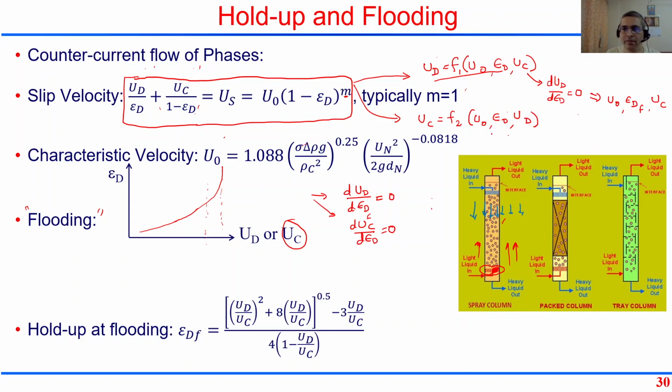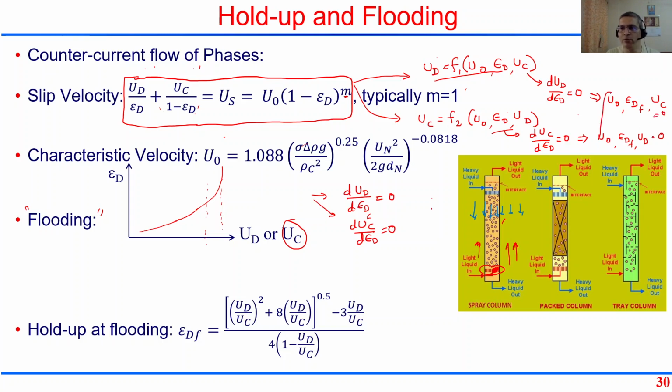This expression I want you to differentiate with respect to epsilon d, equate it to 0, and we will get an expression between u0, epsilon d, which is now at flooding, and ud. Something would be equal to 0.